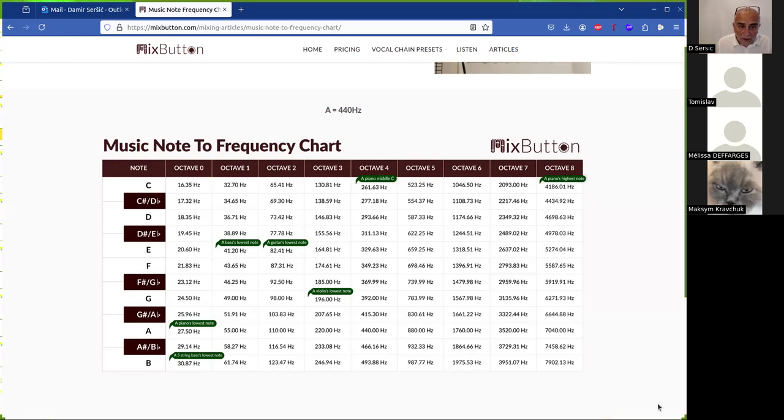And it is well known that some frequencies are defined, like the tone A is 440 Hertz. But the tone A, if you double the frequency, is still tone A, but in the next octave.